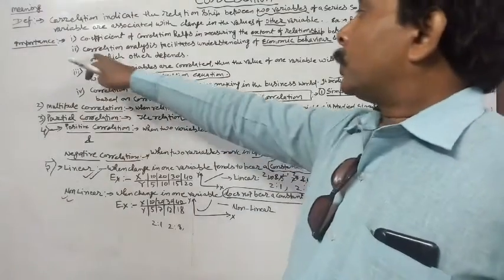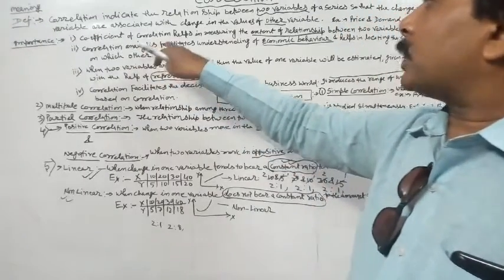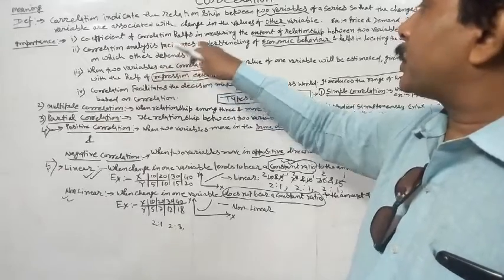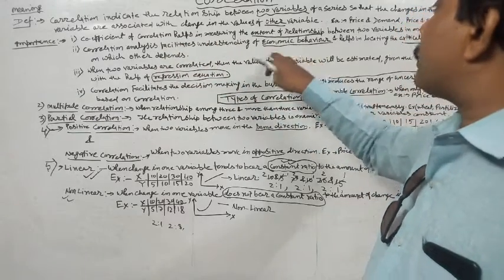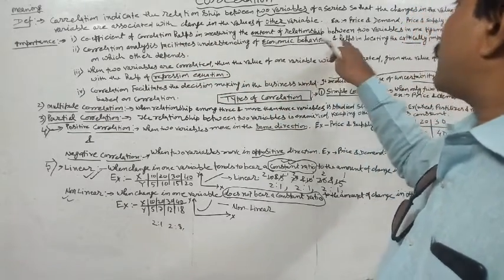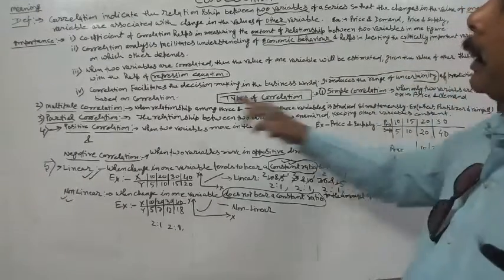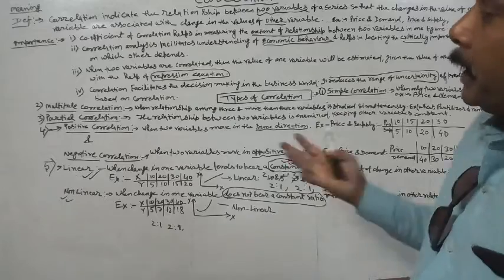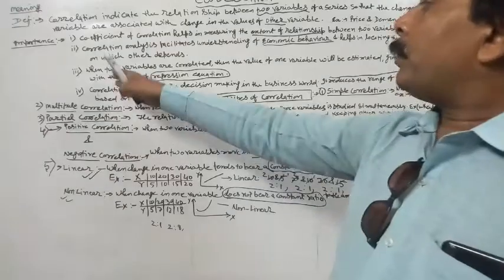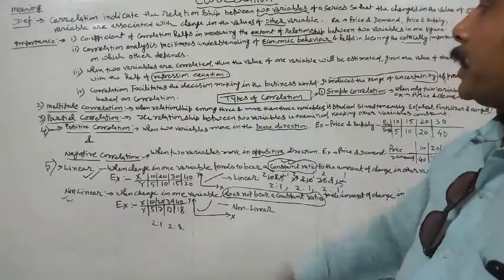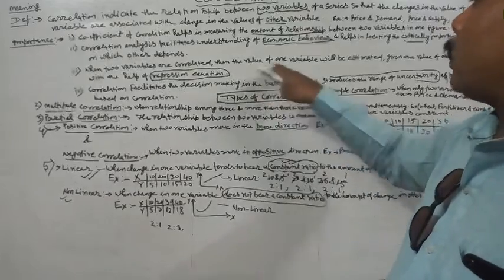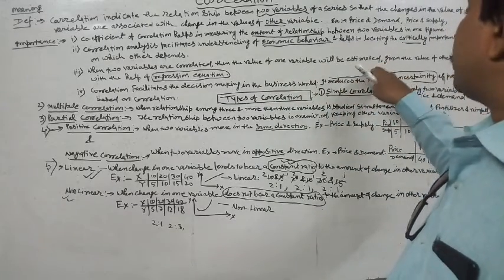Second, correlation analysis facilitates understanding of economic behavior and helps in locating critically important variables on which others depend. Third, when two variables are correlated, then the value of one variable can be estimated.